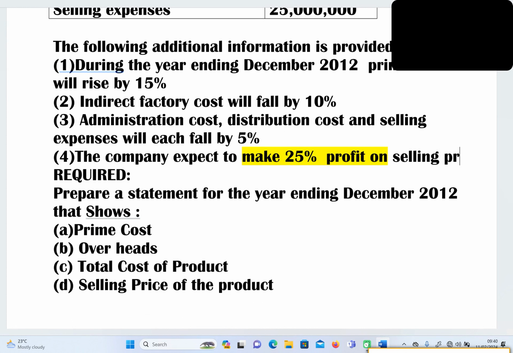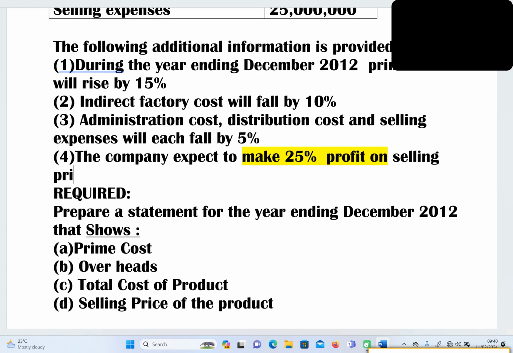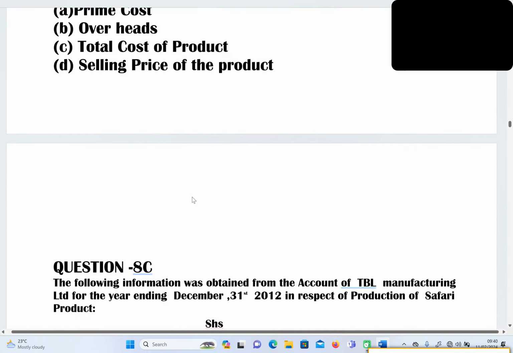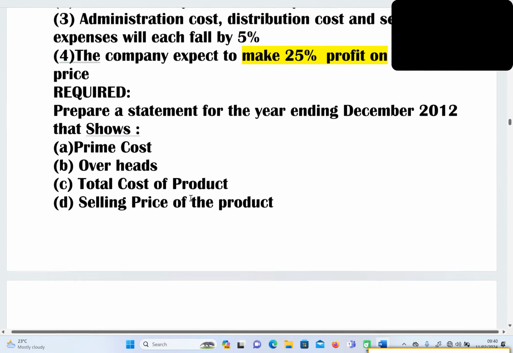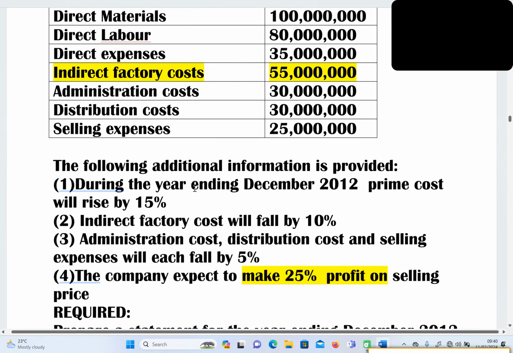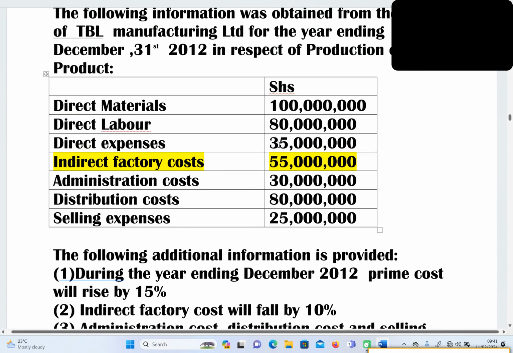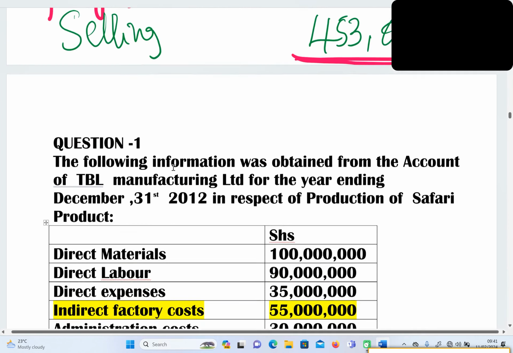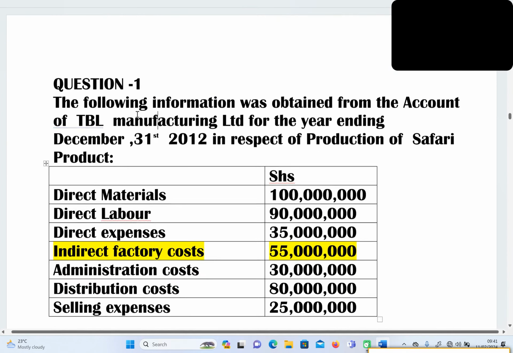Nikiweka tu on selling price, swali linakuwa ni lingine. Ngoja nibadilishe kidogo na hili liwe tofauti ili uone dimensions za swali linavyokuwa. Na hapa tutaweka 90 ili ulifanye. So this is question number 2.